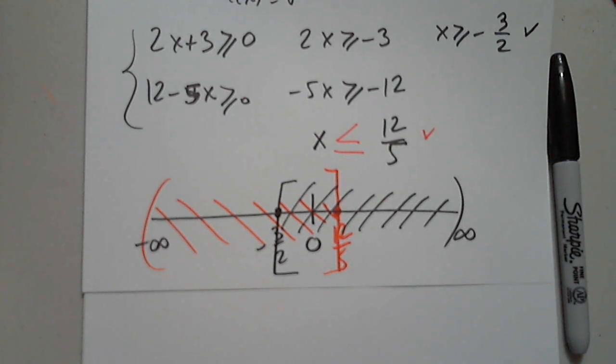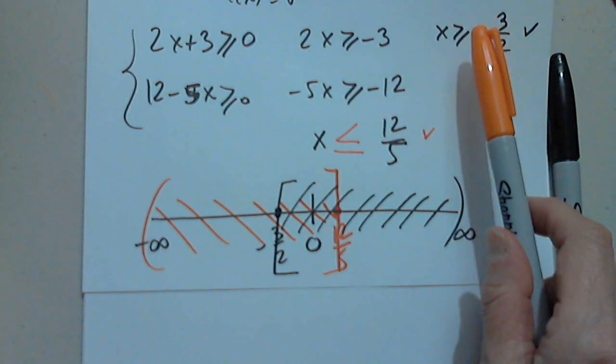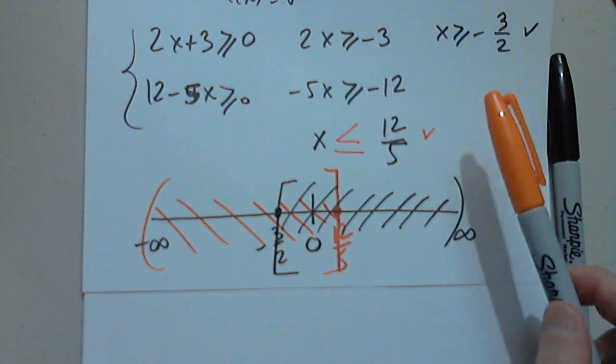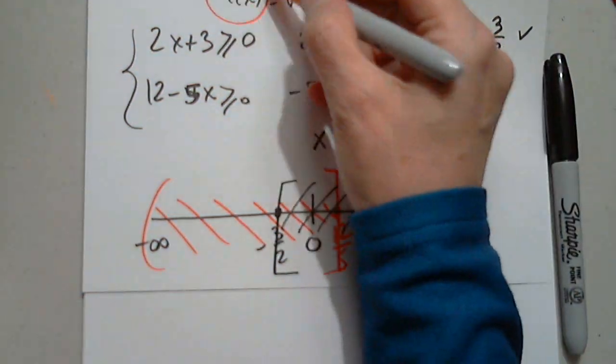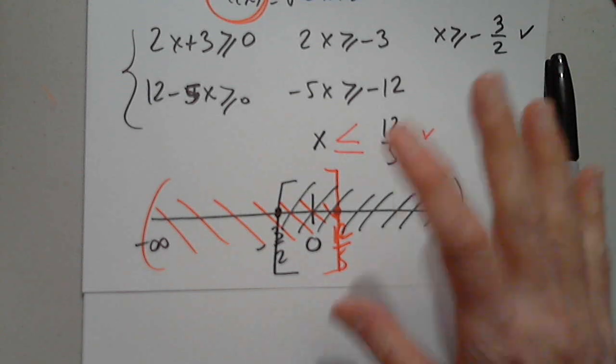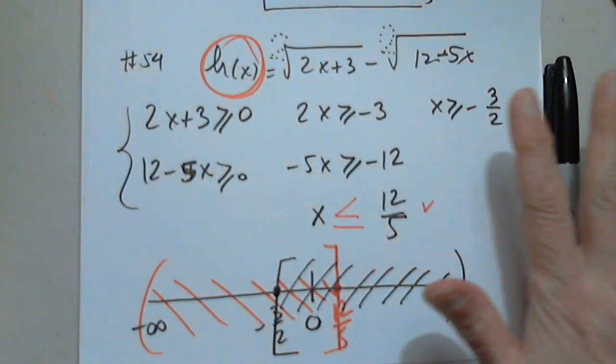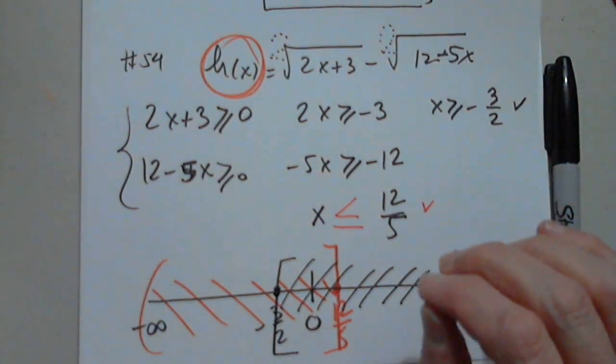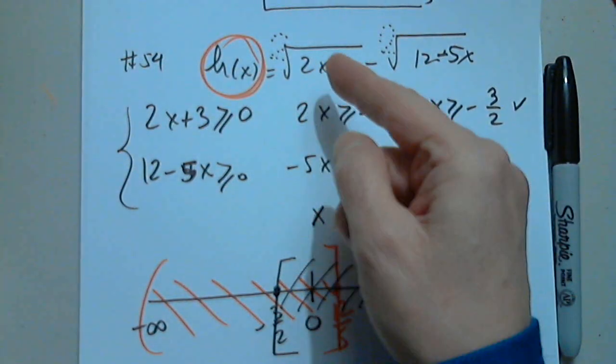We have to pick that piece from the real line where both colors exist, because both radicals have to exist at the same time for this function to exist. Again, notice we haven't tried to simplify anything. We are only trying to say what has to happen for this to exist.